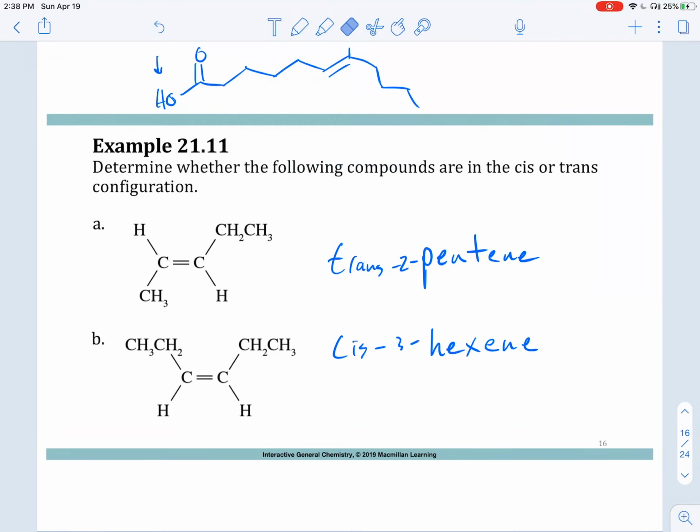Oops. Oh, it's so close. There's an H. Oh boy, I'm ruining this. There's an H coming across there and there. Notice the alkyl groups, big one over here, big one over here, are on the opposite sides right now. Oops, I just drew a trans one.